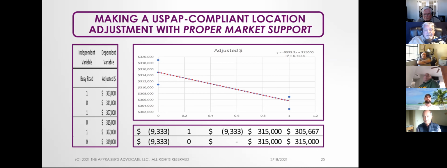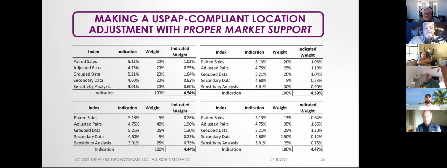Okay. Now, this is what we meant when we talked about an iteration of the weightings. These are all the same: the indications of a location adjustment that we took from all the data that we went through. This first table weights everything at 20%.